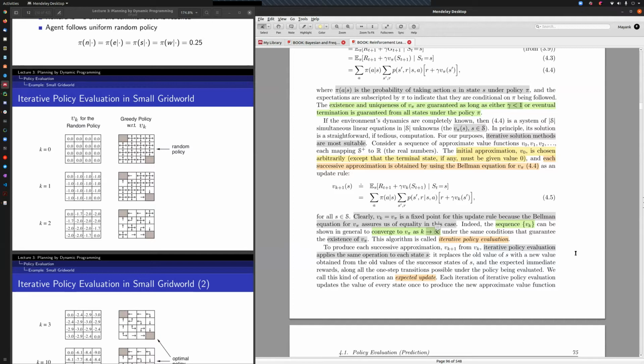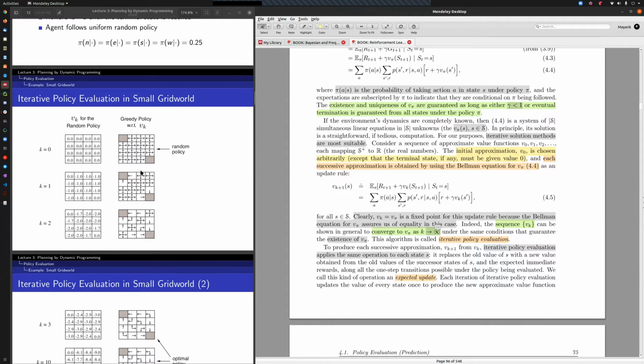Then the sequence can also be shown in general to converge, as they have written. This is known as iterative policy evaluation. So this is what David Silver has given in his talk too, of how they have reached this.